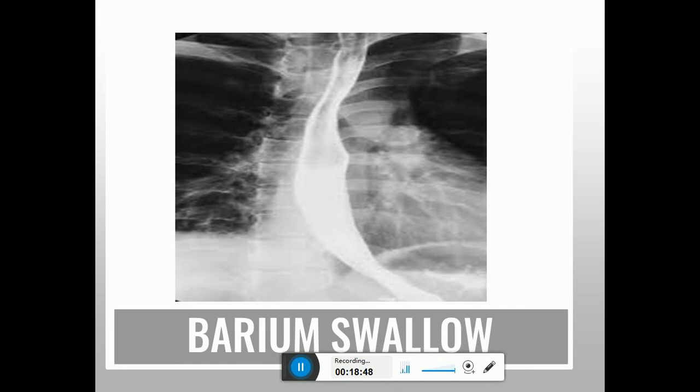The most important property of barium is that it is radio opaque. Why is it radio opaque? Because it has a high molecular weight. And another thing is, it is harmless to the body.